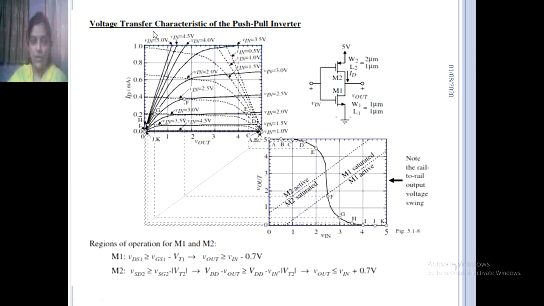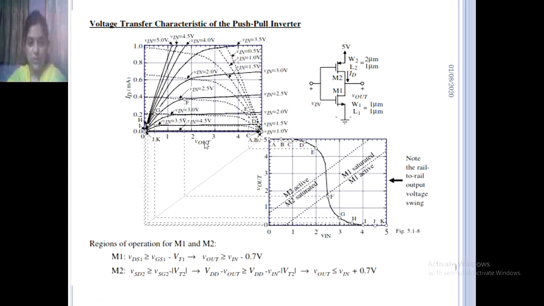See the voltage transfer characteristics of the push-pull amplifier. Already we know how the MOSFET works. There are two types, enhancement and depletion, which we have already discussed, and ID versus VDS we have already seen. But here one graph shows ID versus Vout, and another is Vout versus Vin.